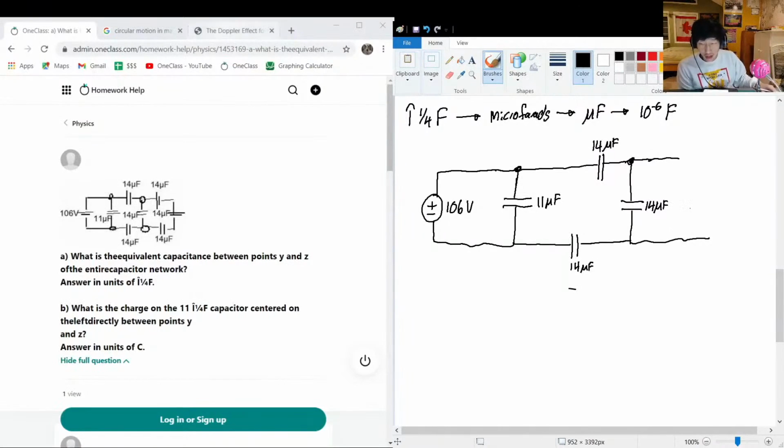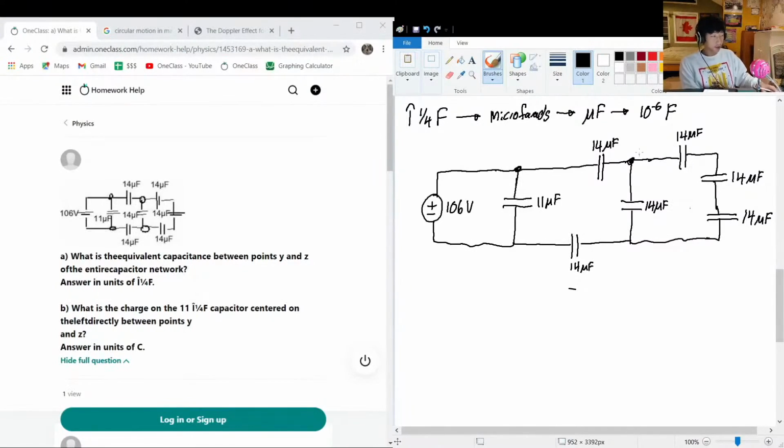And over here we have 3 14s in series like this. I'll just draw it this way. It really means the same thing. I know it's not perfectly the same as the diagram, but the circuit is perfectly equivalent.